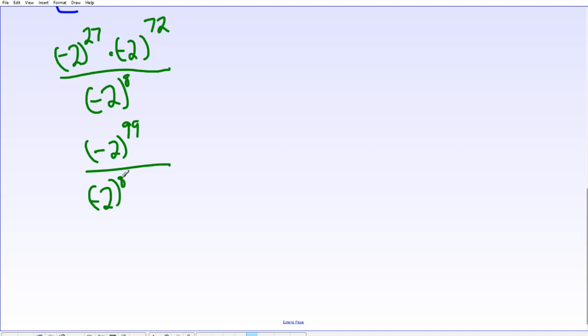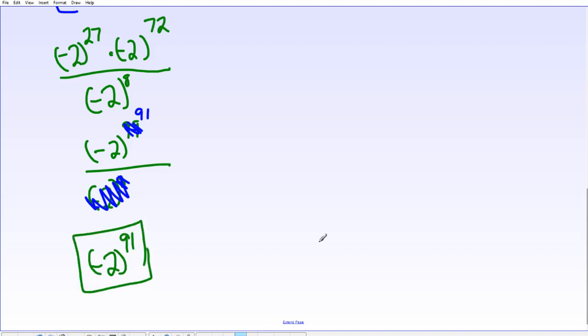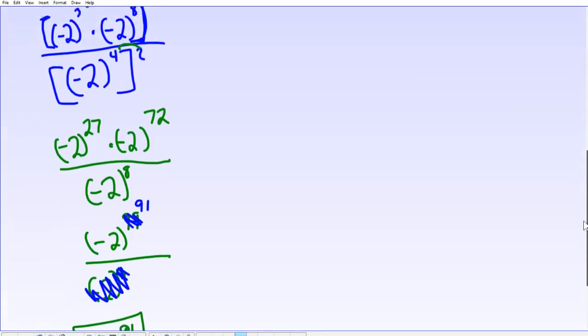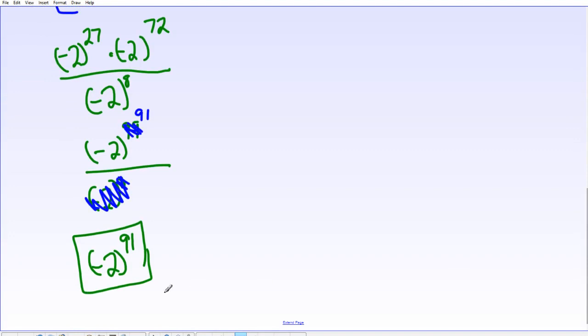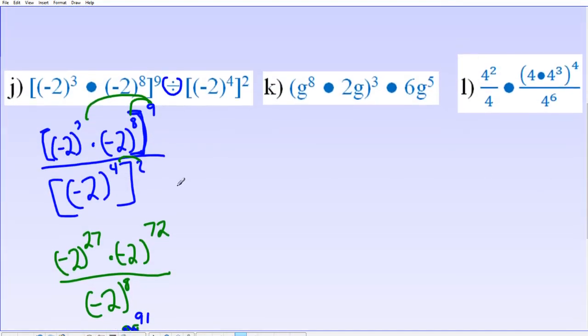And now if I cancel out 8 of these, there's 91 left. So my final answer is negative 2 to the 91st power. Ugly. But it's the same steps we did before. It just looked uglier because this negative 2 was in parentheses, and so we had to add square brackets to make it look a little bit prettier.